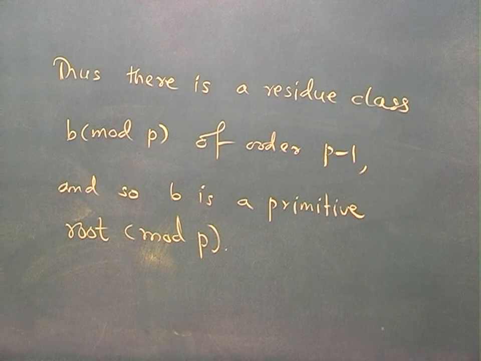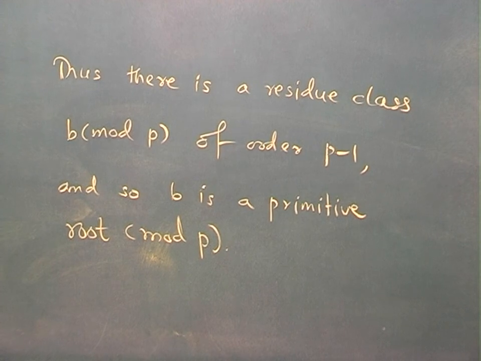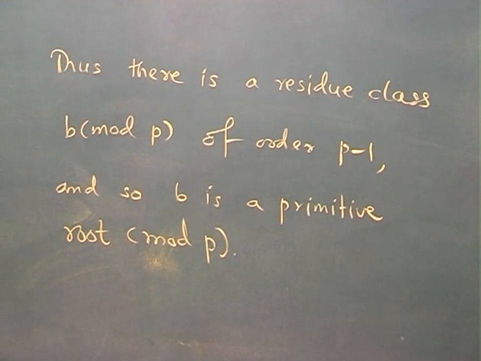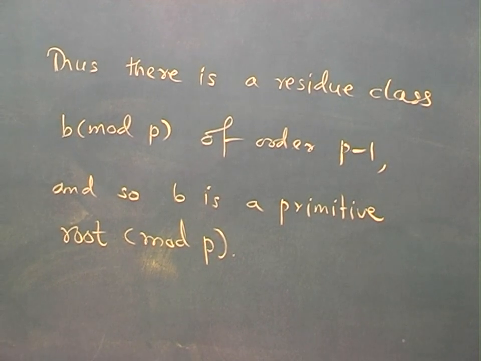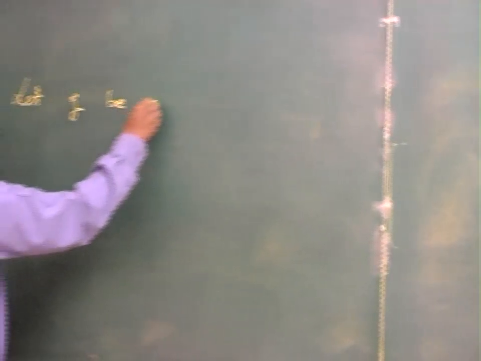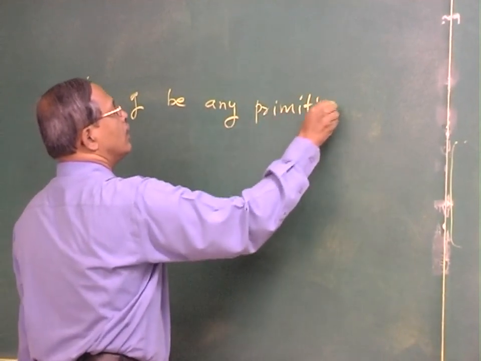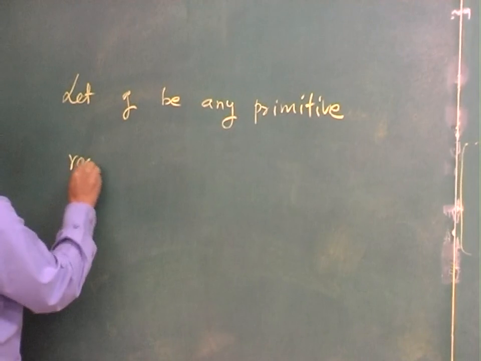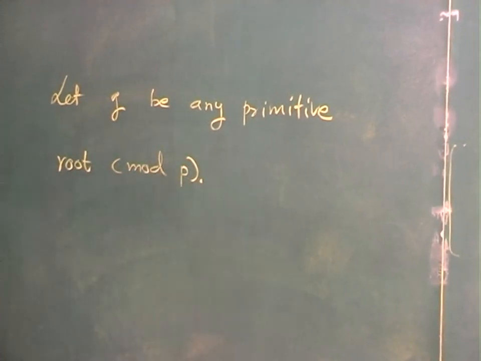Now note that, take any primitive root mod P. Many times such a primitive root is denoted by the letter G. So let G be any primitive root mod P. For example, B was constructed and it was a primitive root mod P, so take any such.